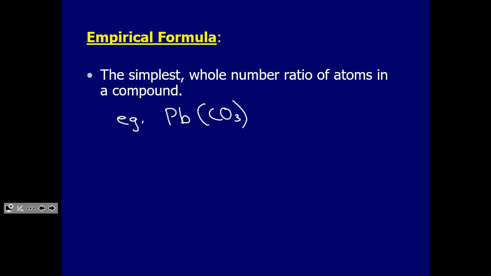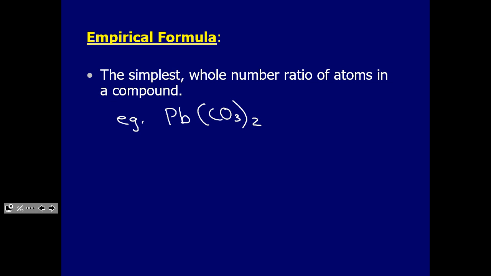And we get rid of the common factor of 2. So lead(IV) carbonate then is written as that, because we canceled out the common factor. That is the simplest ratio of the atoms in the substance lead(IV) carbonate, because we cancel out any common factors and we always bring it down into a simplest ratio.